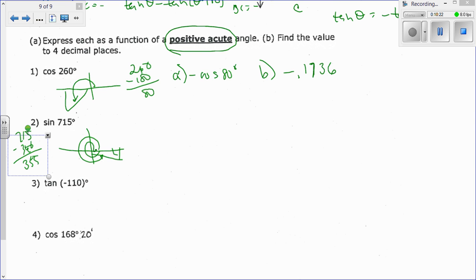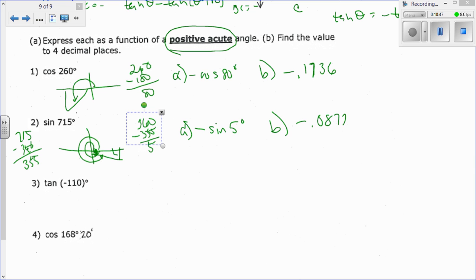So I need to find this little angle right up here. I'm in quadrant 4, so I do 360 minus 355, and I get 5. In quadrant 4, sine is negative, so it's a negative sine of 5 degrees. If I put that into the calculator, I will get a negative 0.0872.